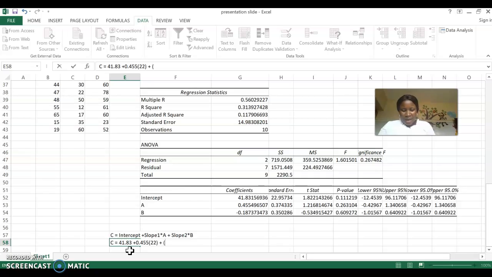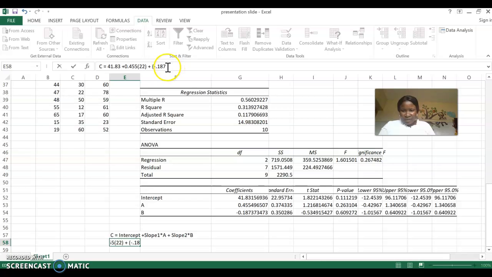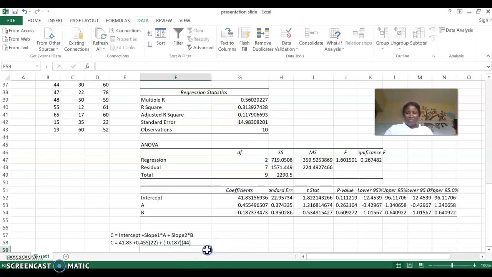So I'm going to be putting minus 0.187. Then I'm going to be multiplying it by the value of B, which is 44.